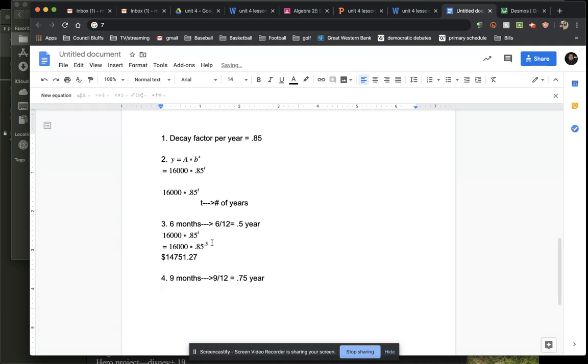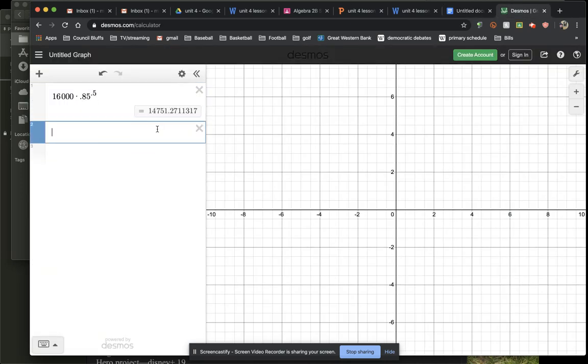So I'm going to do the exact same thing I did in number 3, but instead of plugging in 0.5 as my exponent, I'm going to plug in 0.75 as my exponent, again because 9 months is 3/4 or 0.75 years. So I can go to Desmos and replace that exponent.